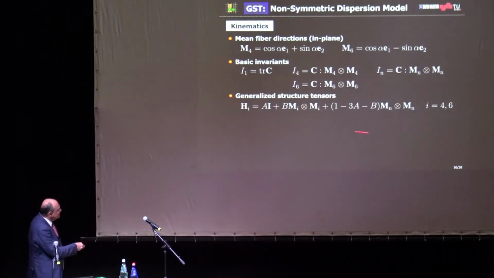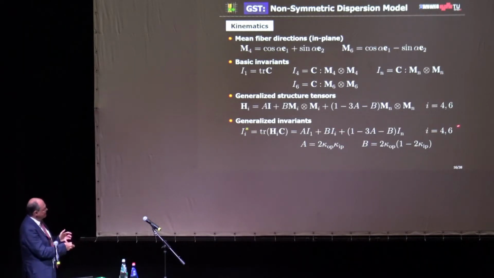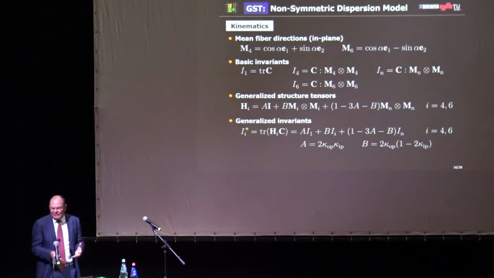I don't show the detail, but you can get a generalized structure tensor here, and when you multiply by C, the right Cauchy-Green tensor, and you put in the trace, then you get a modified invariant I call I star 4 and 6. So we have two additional invariants, whereby these invariants are functions A and B, and these A and B are just composed of these dispersion parameters that we got from imaging.